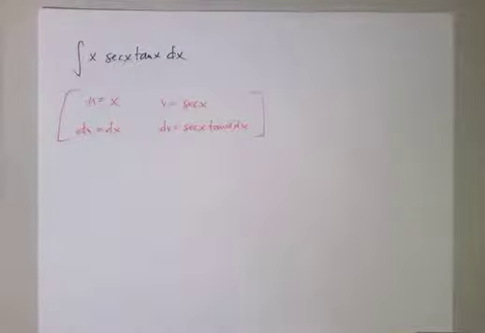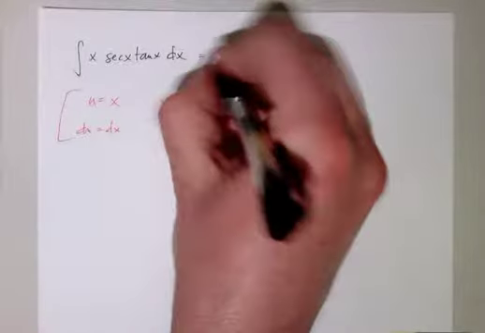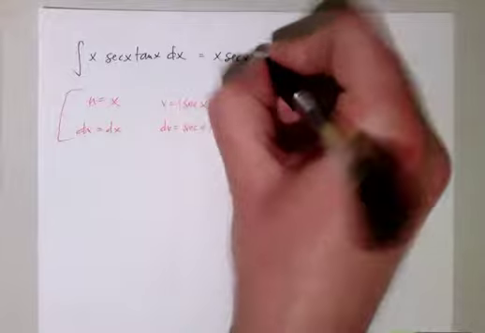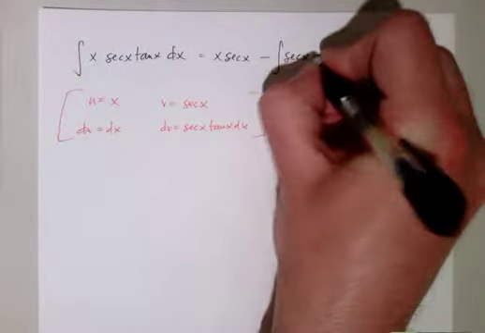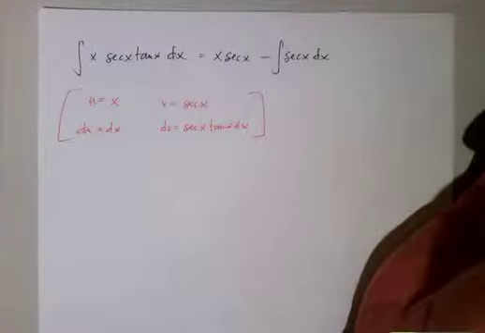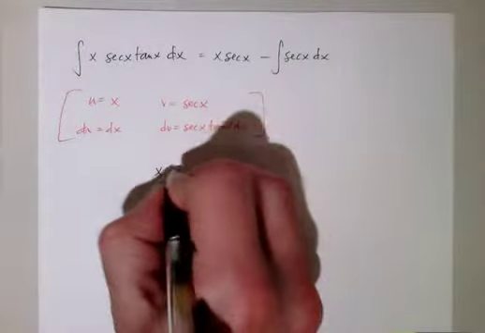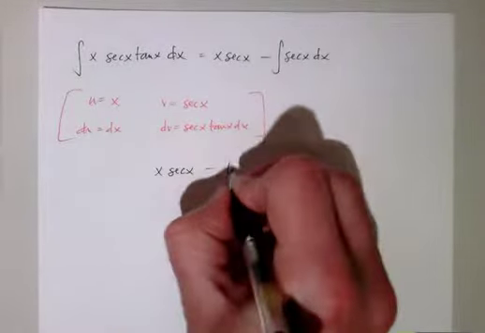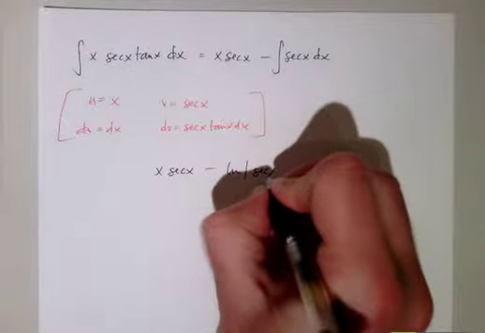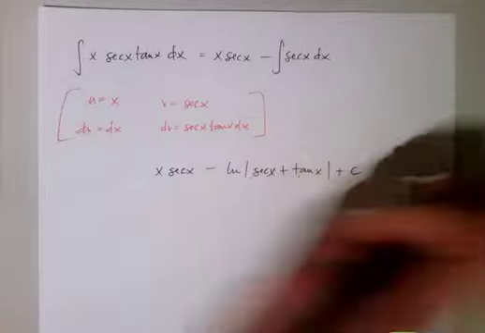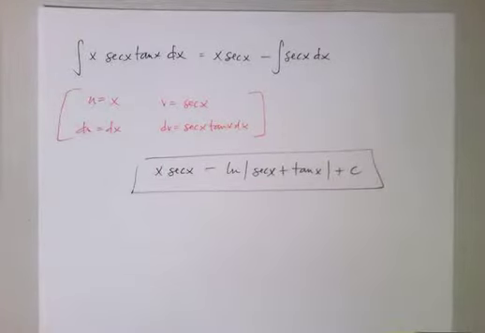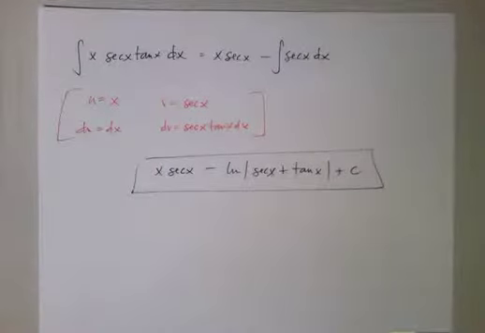Now this winds up becoming x secant x minus the integral of secant x dx, and that winds up being relatively straightforward. I've already given you the formula for the integral of secant x, and it winds up being that natural log, and so by parts that winds up being like a two-step problem. Okay, not that big of a deal.